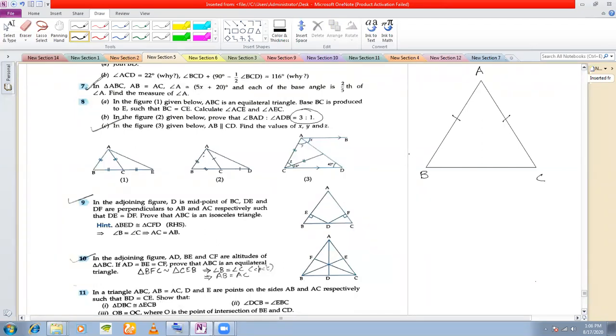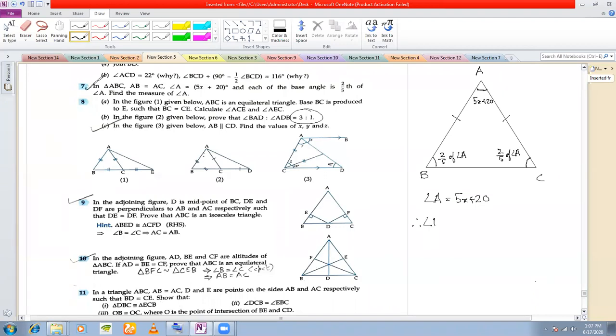Fine. Angle A is 5x plus 20. And each of the base angles is 2/5 of angle A. So this angle is 2/5 of angle A, and this angle is also 2/5 of angle A. This is a cakewalk actually. It's a very easy problem.